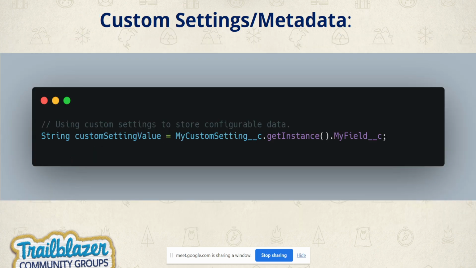Okay, so this is another feature about optimizing code: custom settings and metadata. If you need something not changeable directly, don't go into your code and change it every time; that is not a good practice. Suppose an end user or business person needs to change something frequently, so don't change it in your code, because it is not a good practice to change your code immediately right there.